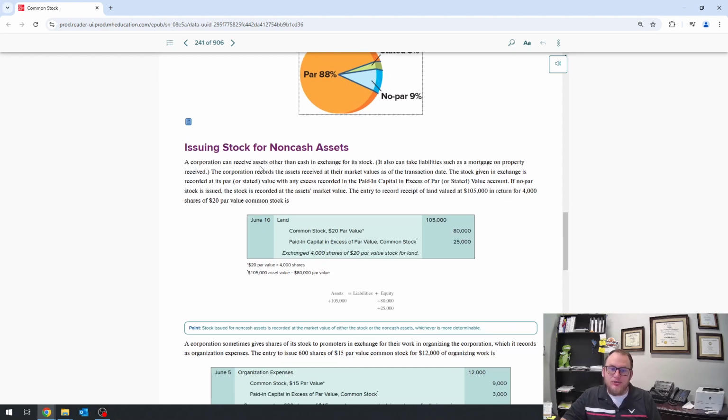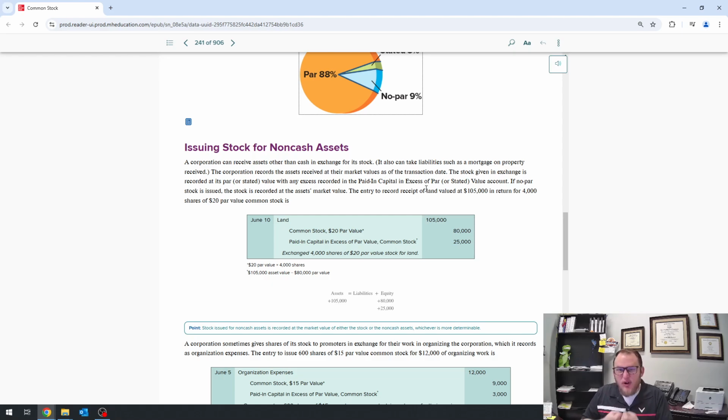Now, when we issue stocks for non-cash assets, which means we are not collecting cash, but we're collecting some other type of asset for the issuance of our stocks. So here you can see that it says they received land for $105,000. That's what it was valued at the time they received the land.